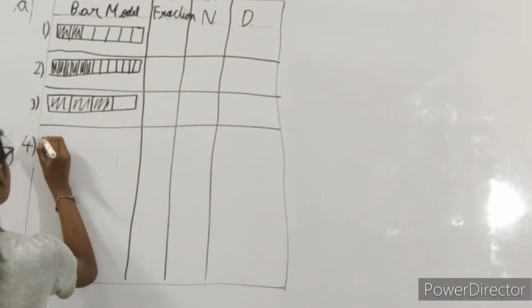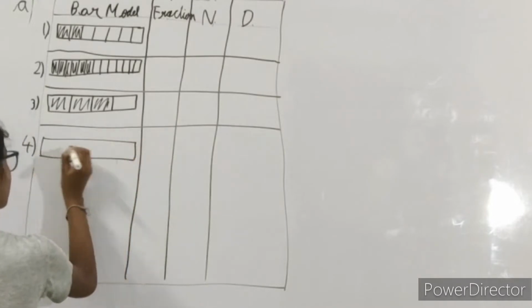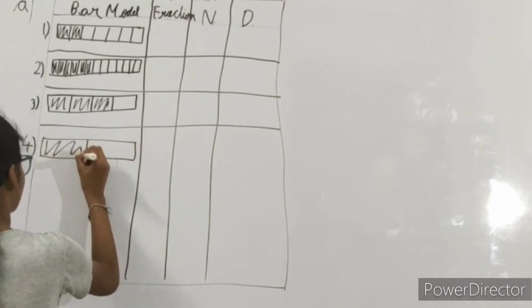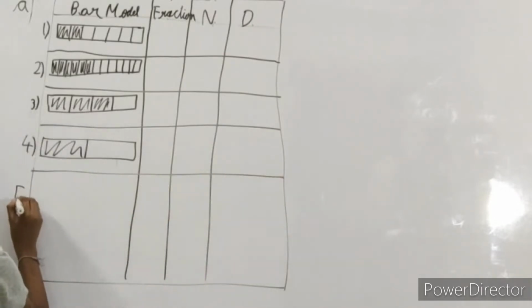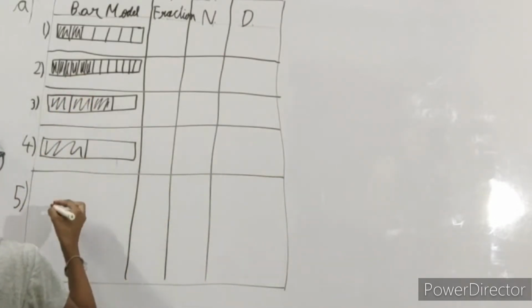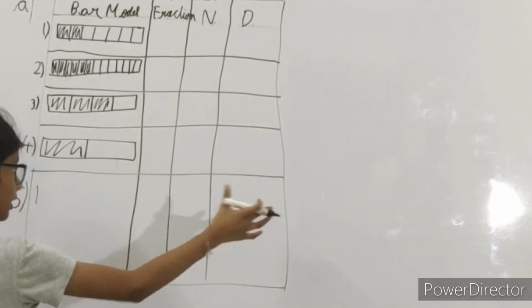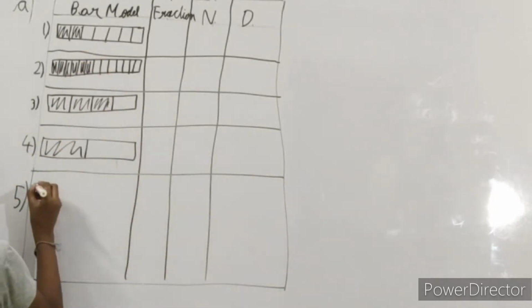The fourth one is like this. This one I will divide only into 2. Okay. And then the fifth one, the last one of A part. And then when I will write there, I will be that side now to start doing this thing.